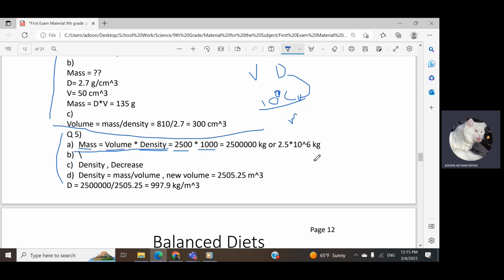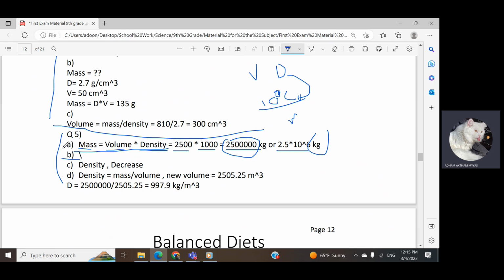The volume is 2,500 and the density is 1,000, so we can get 2.5 million, or 2.5 multiplied by 10 to the power 6 kilogram. We have to focus on the units.